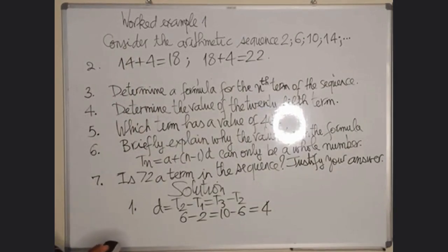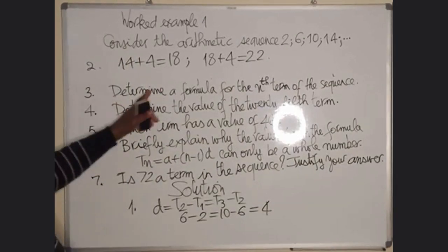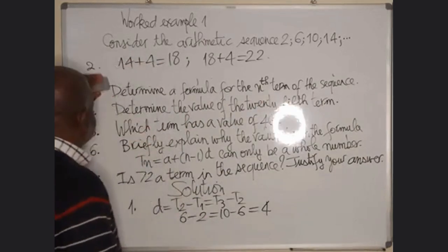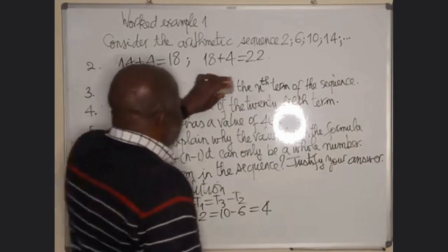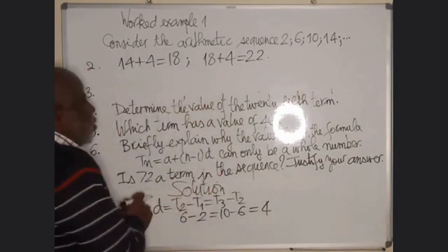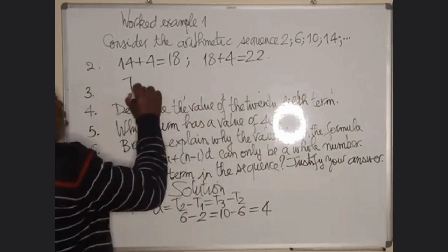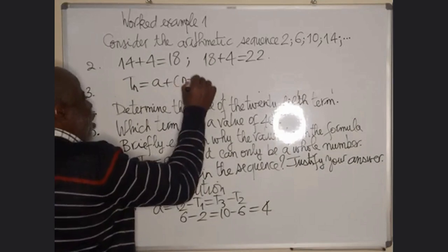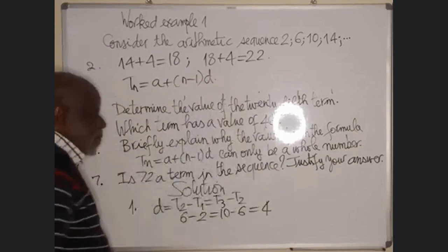Going to question number 3, determine a formula for the nth term of the sequence. Remember, the general formula for Tn is a plus n minus 1 times d.